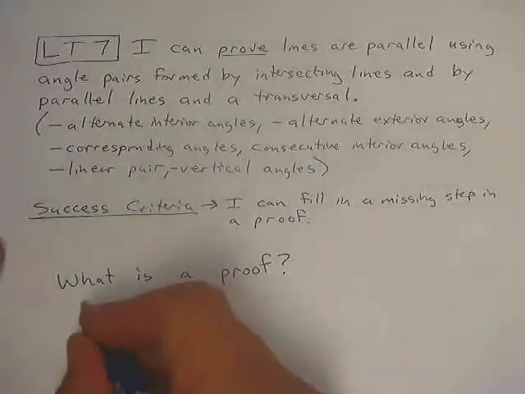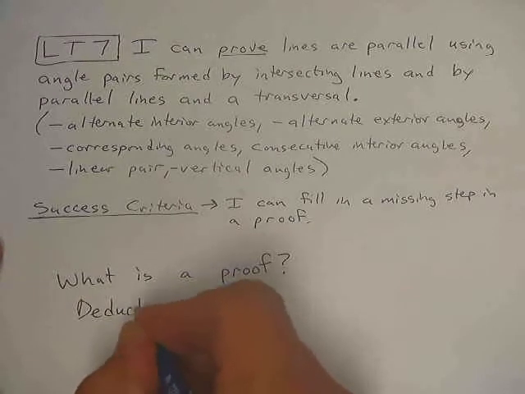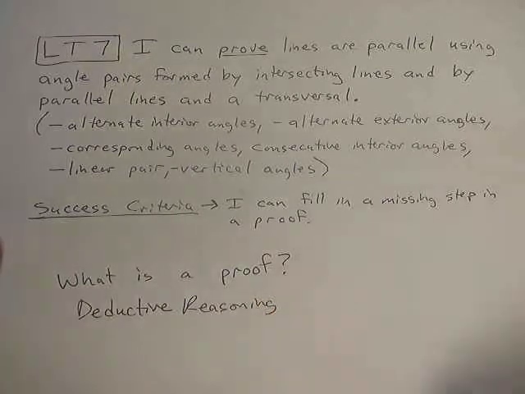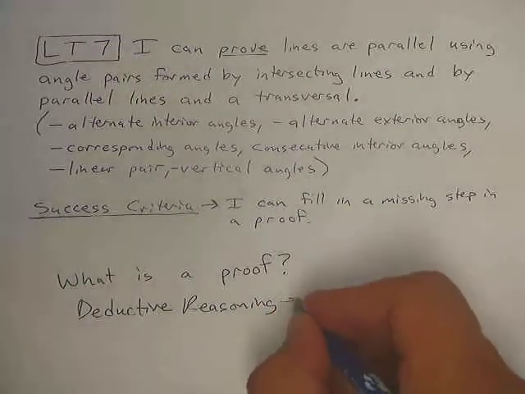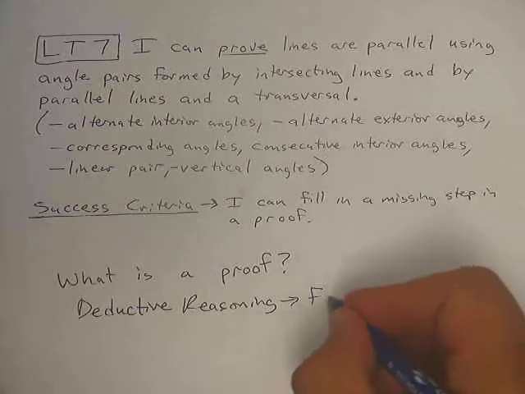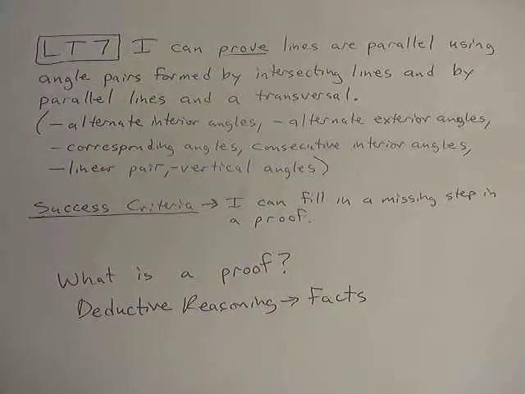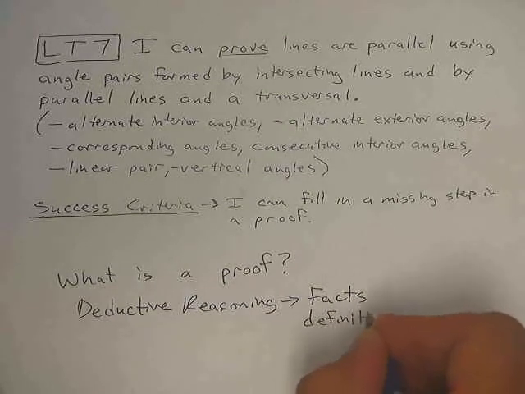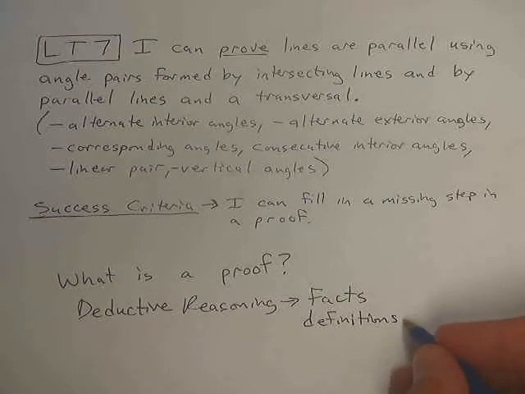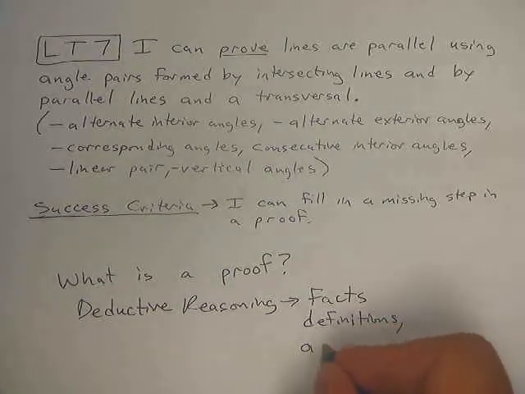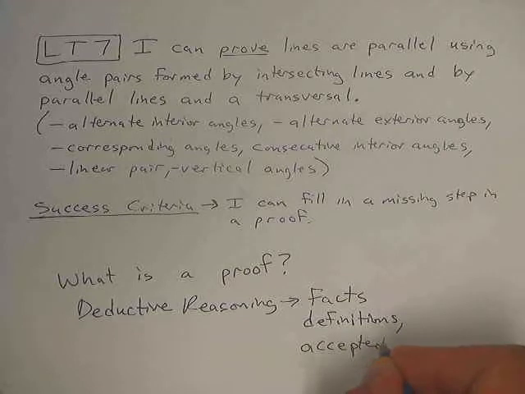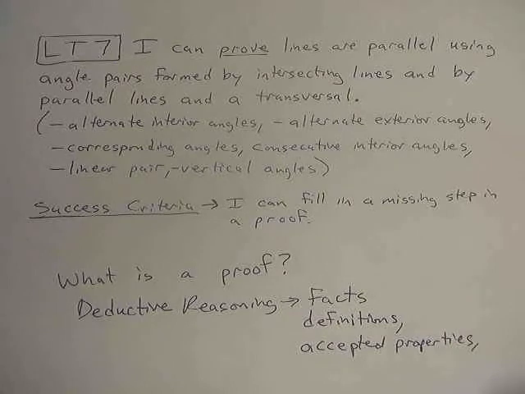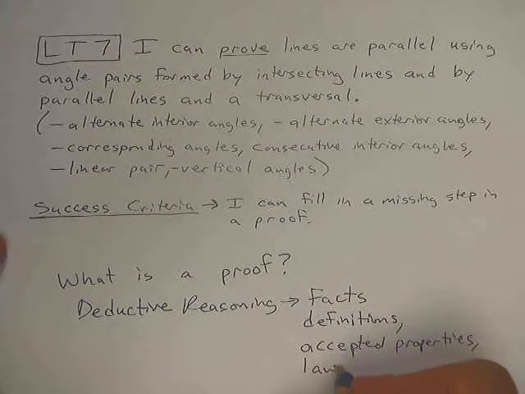All right. Well, proof is based on what's called deductive reasoning. And in order to use deductive reasoning, what you're going to use are facts, things that you know that are true, definitions, obviously things we know that are true, accepted properties, and laws of logic.